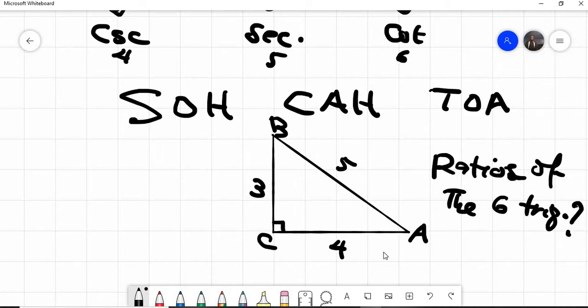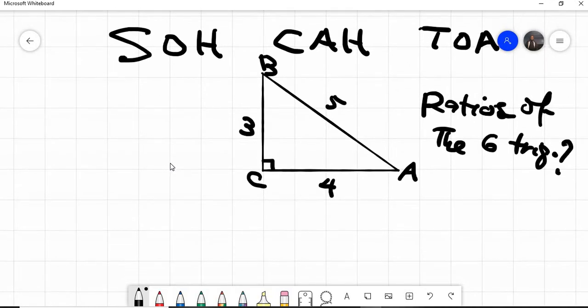First we're going to use SOH CAH TOA, and we'll assume angle A is the one we must do. They might ask us for angle B, but it doesn't matter. So now we must find angle A.